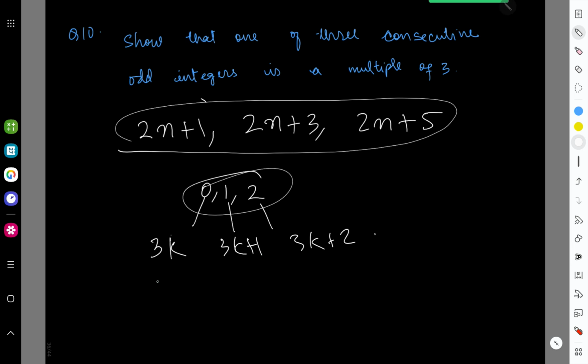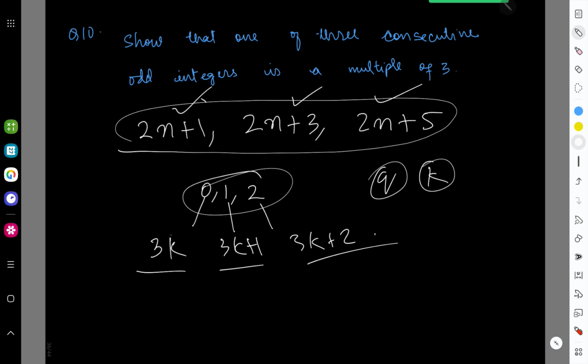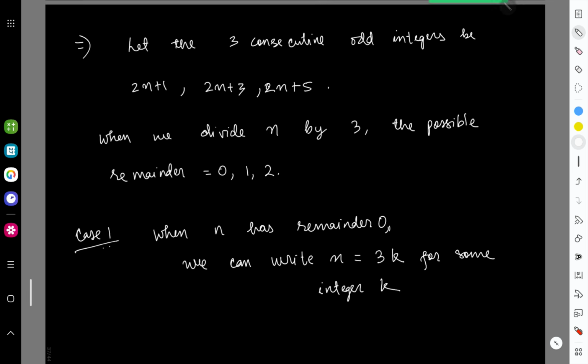In the previous question I used the expression 3q plus 1. It's the same. For this question I'm using k so that you will know that q or k is not the absolute expression, and we can use both of them. This will be our 3 cases, and then we'll have to discuss them for these separate consecutive integers. Let's see how it goes.